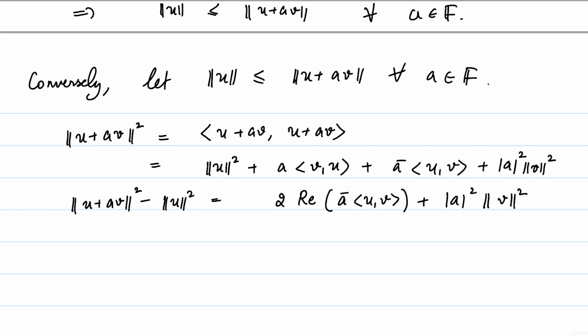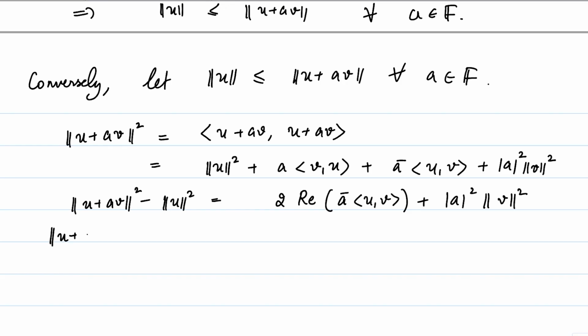So this is to be satisfied by every scalar a. Let's now carefully pick our scalar. We want the quantity to the left to be greater than or equal to 0.